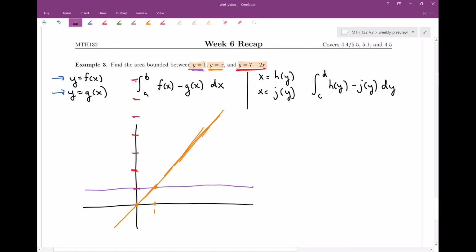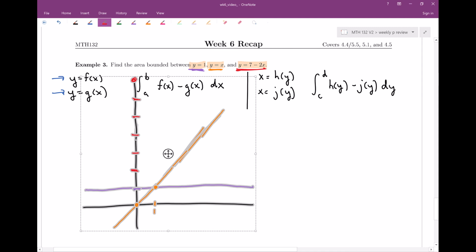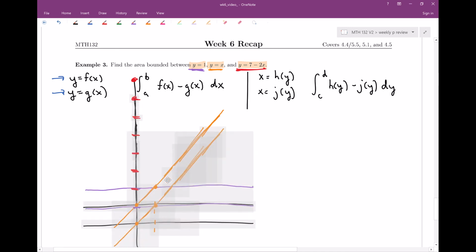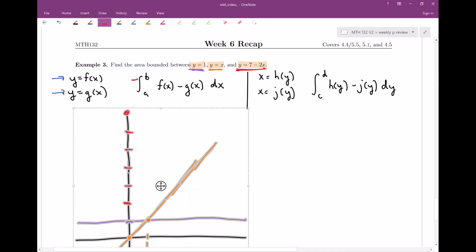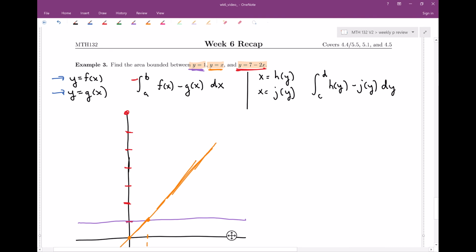I want to do my best to draw this to scale, so sorry that I'm running into my other stuff up here. In fact, let me try to cheat using the power of technology, and I'll move it down. That worked out all right.